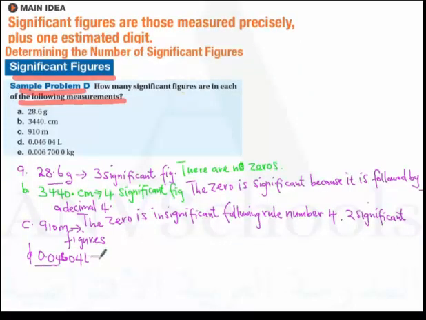By rule 2, the first two zeros are insignificant.